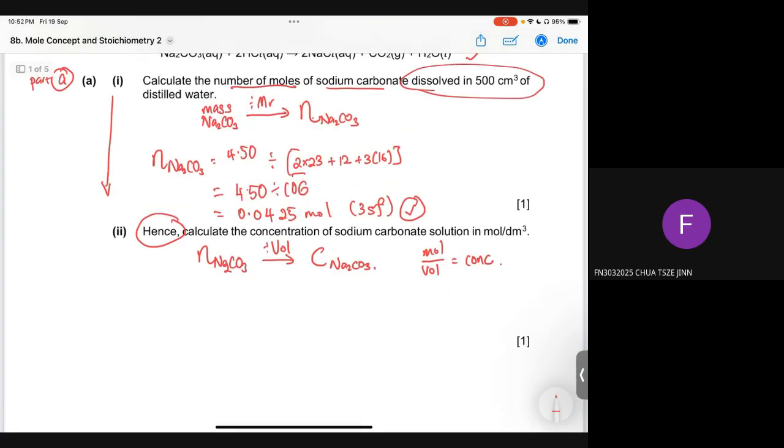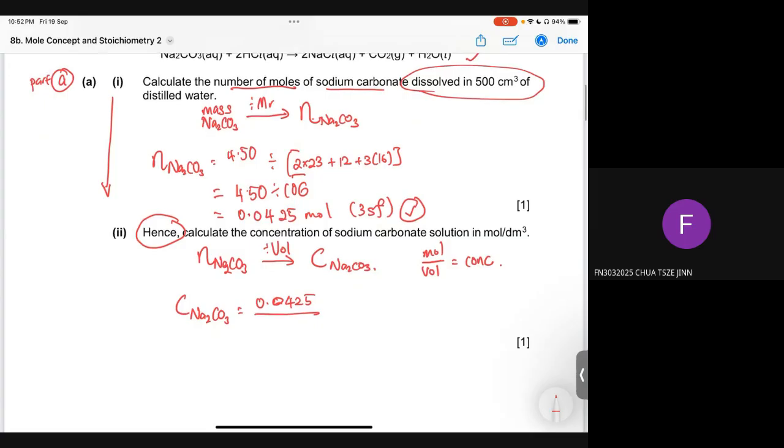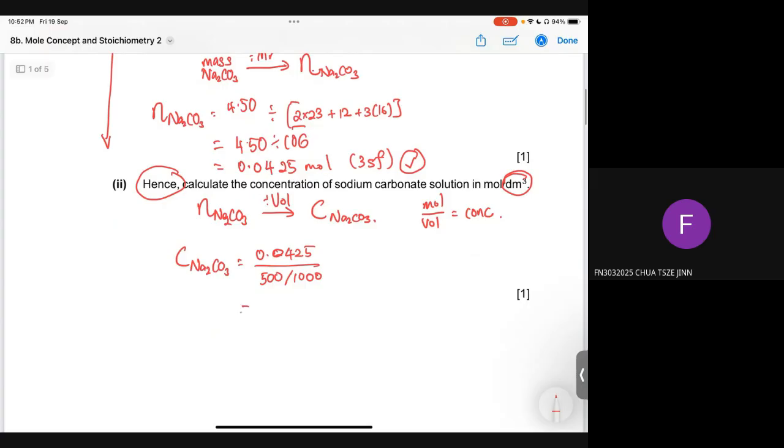So the concentration of sodium carbonate is 0.0425 divided by the volume, which is 500 cm cube. But the units are in dm cube, so I divide the 500 by 1,000 to convert it to dm cube. If you do your math, we just multiply by 2, so this will be 0.0850 mole per dm cube.